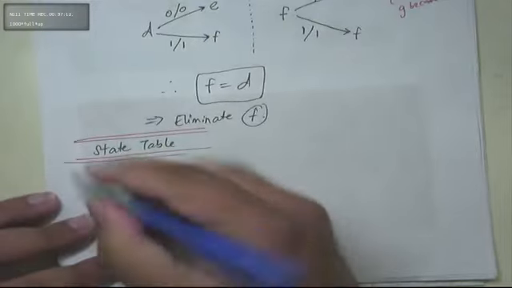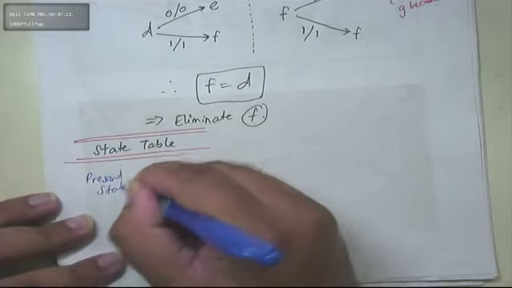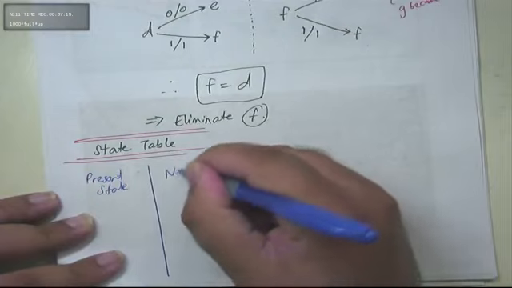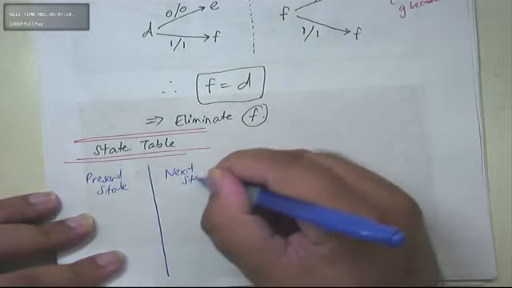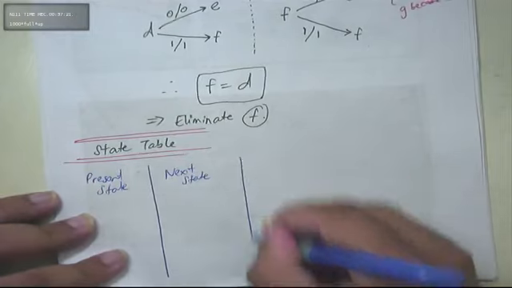We've got our present state, our next state, output, okay, A, B, C, D, E. What happened to G and F?